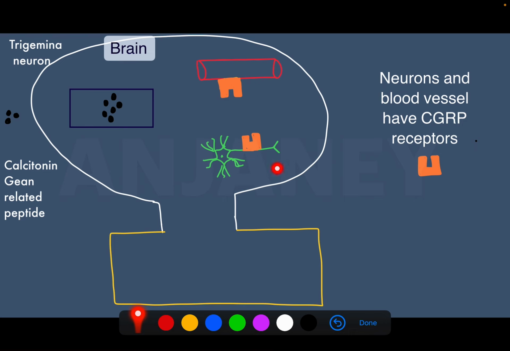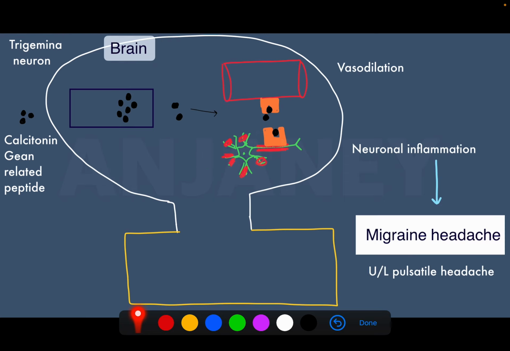Let's say this is the brain and this is the peripheral part. Now in the brain we have what? We have a trigeminal neuron which has CGRP, calcitonin gene related peptide, inside it. When released, it acts on its receptor on blood vessel and neuron. So the blood vessels and neuron have CGRP receptors.